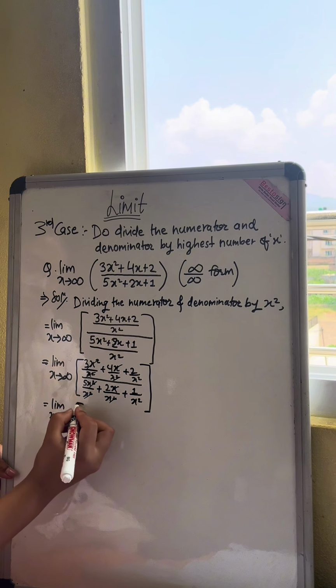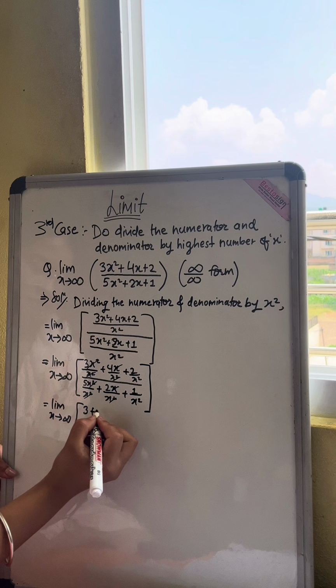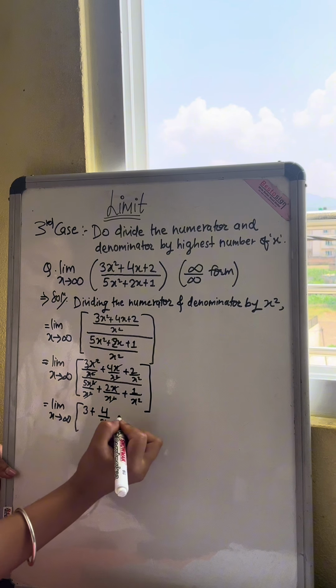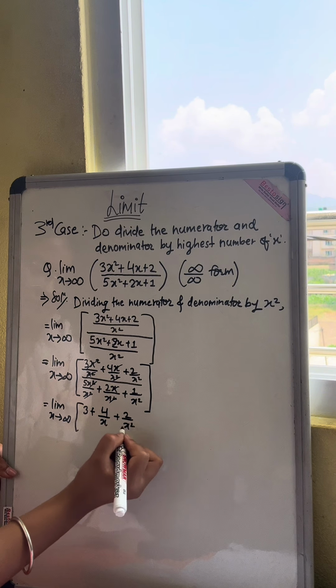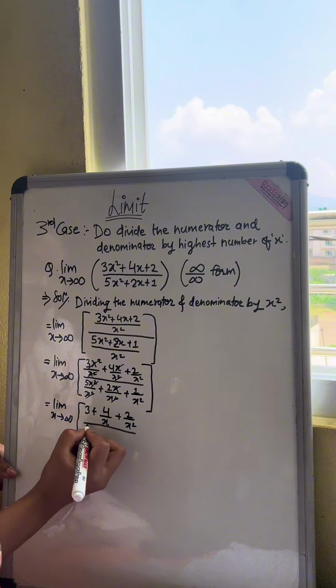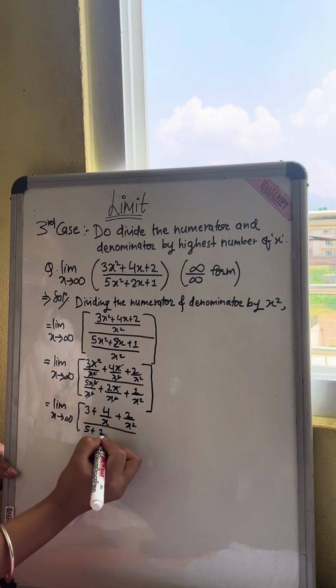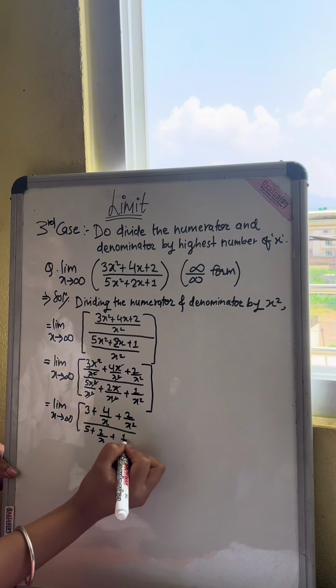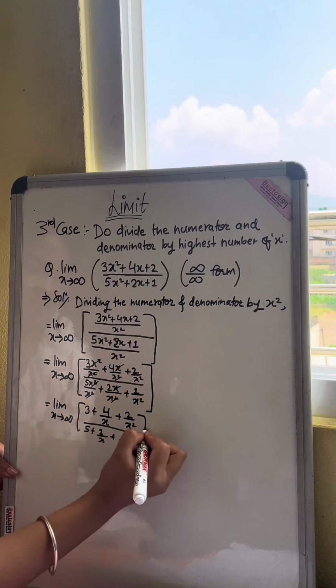Limit x tends to infinity 3 plus 4 upon x plus 2 upon x squared upon 5 plus 2 upon x plus 1 upon x squared.